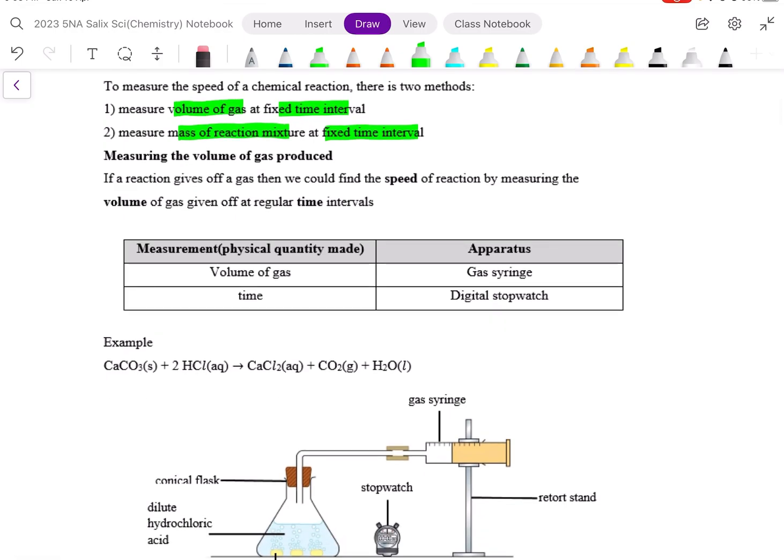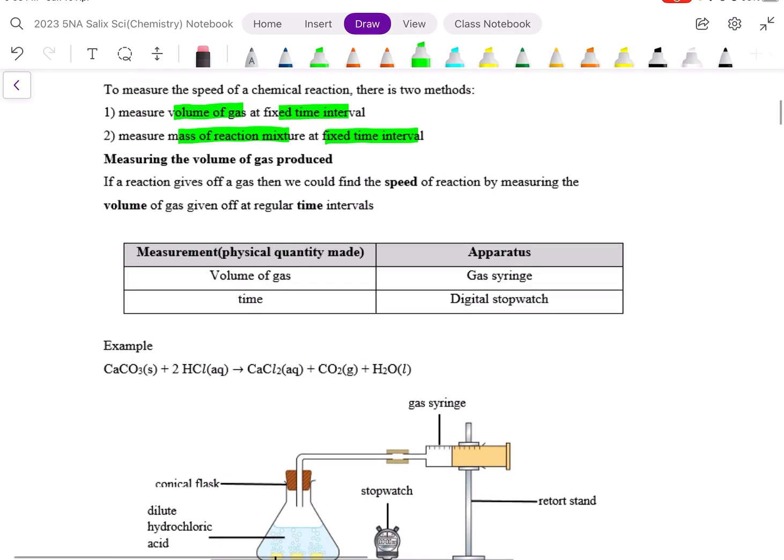So, measuring the volume of gas produced. Let's look at the first way. Generally the reactions that you look at are quite common ones, like the acid plus metal kind, the acid plus carbonate kind.